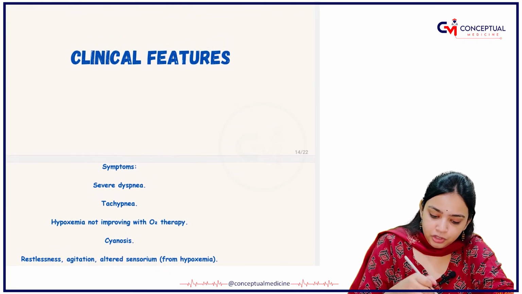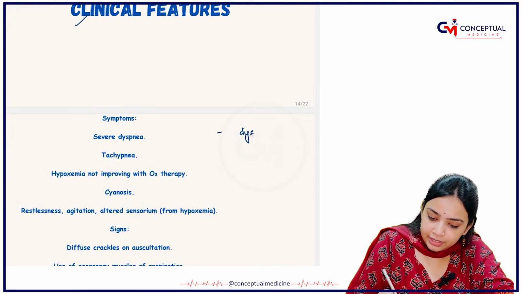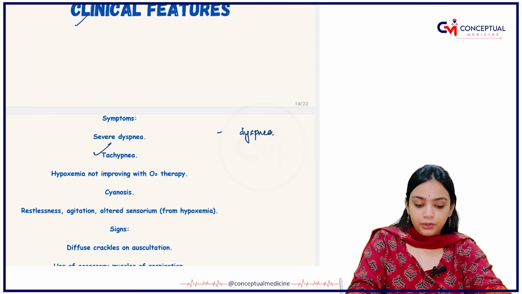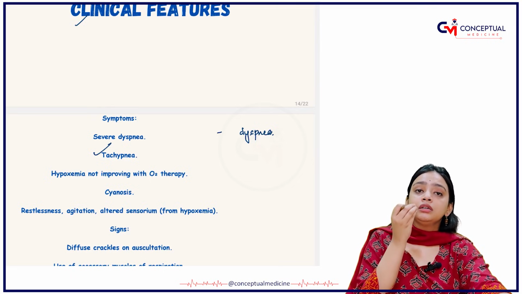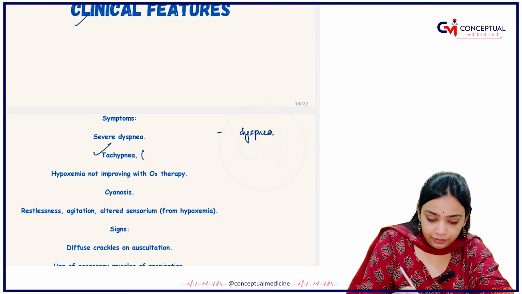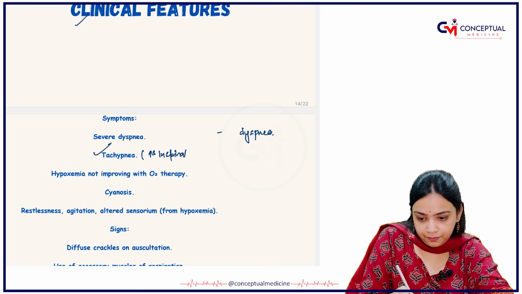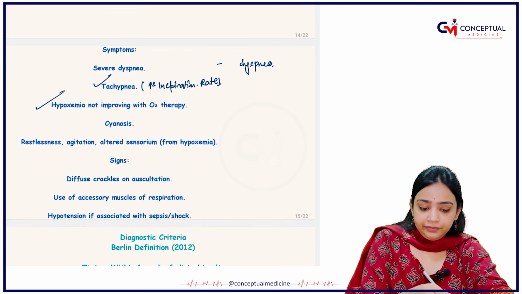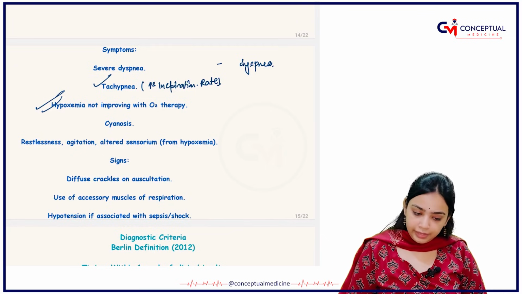What are the clinical features? The patient will be having dyspnea, there will be tachypnea. What is tachypnea? There will be an increase in the inspiration rate, and that will not improve with oxygen therapy.